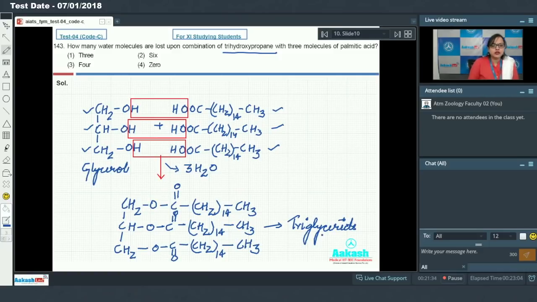So 3 water molecules are lost, making option first the answer for our question.